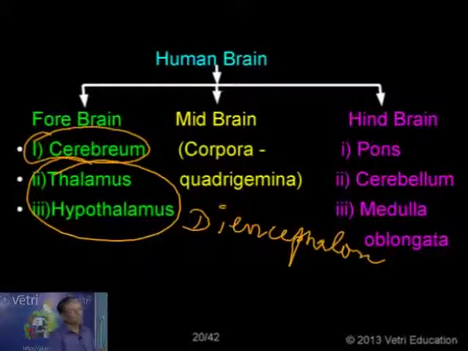Then the hindbrain has three components: pons, cerebellum, and the important center, the medulla oblongata, which controls vital activities, for example your breathing movements, heart movements, and circulatory movements. We'll see them one by one, mainly the functional aspects rather than the structural aspects.